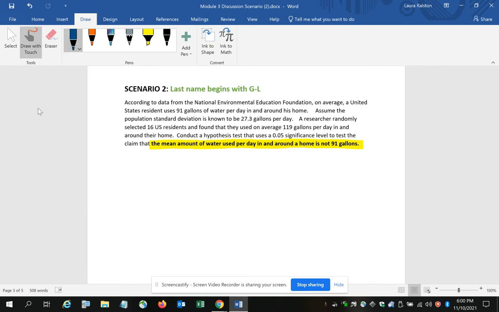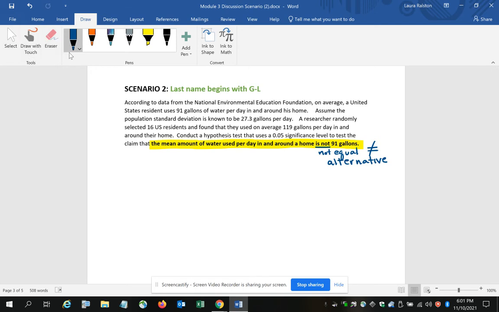And again, looking at my phrasing, it says is not, which makes me think that it's not equal. So it makes me think of this symbol. So again, this statement is my alternative hypothesis because it doesn't contain equal.